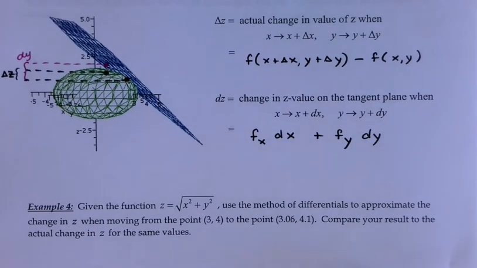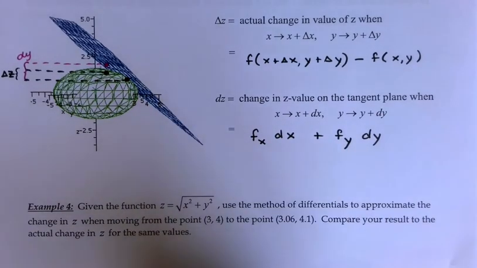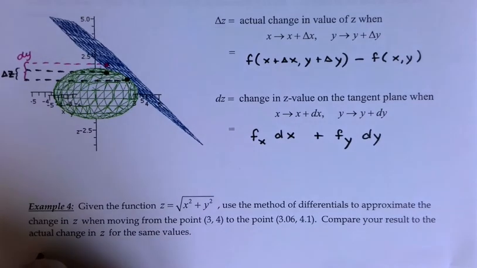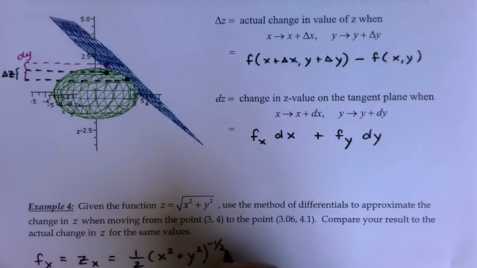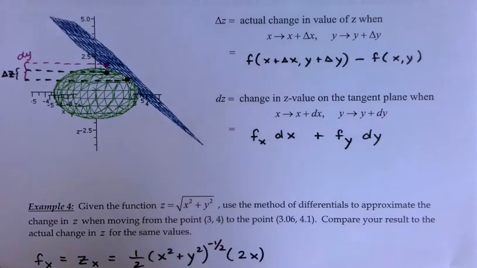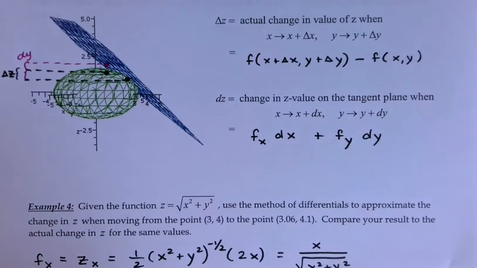All right, so let's see here. In order to do dz, I'm going to need f sub x and f sub y, so let's get those first. F sub x, or z sub x, would be 1/2 times x squared plus y squared to the negative 1/2 times 2x, or x over the square root of x squared plus y squared.